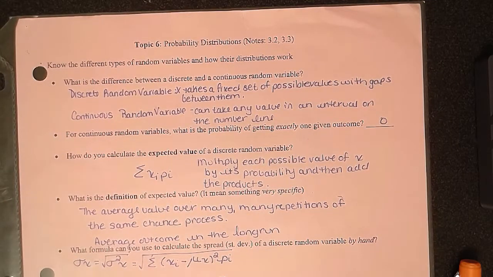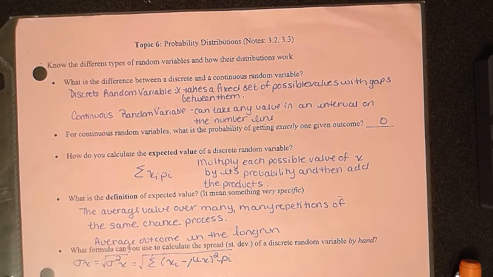Understand the difference between a discrete and a continuous random variable. Discrete random variables have a fixed set of possible values with gaps in between them. Continuous are things like height and weight, where there's a range of values, and the probability of one given outcome of a continuous random variable is always going to be 0.